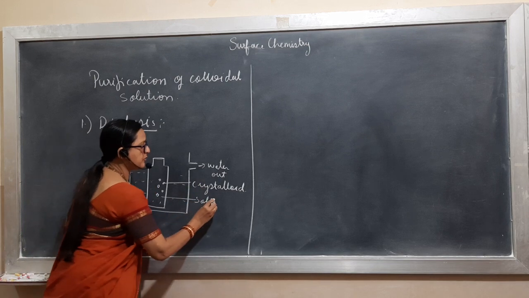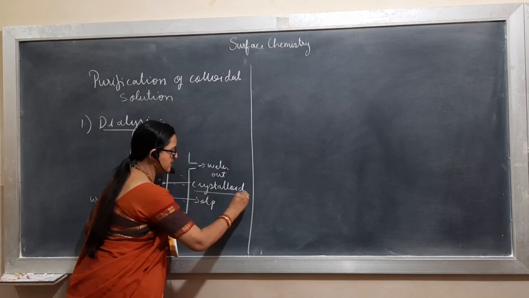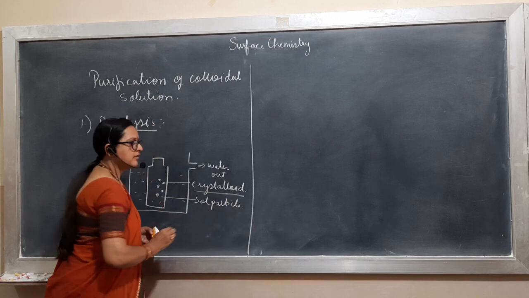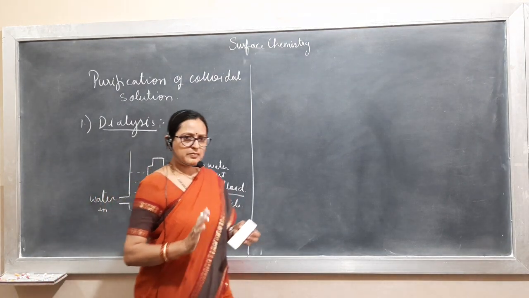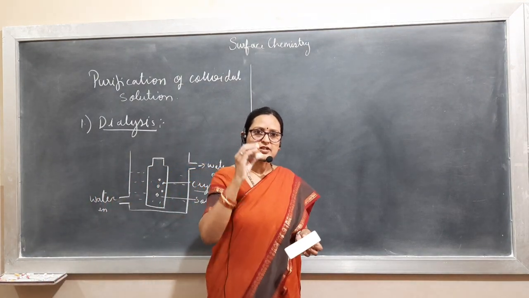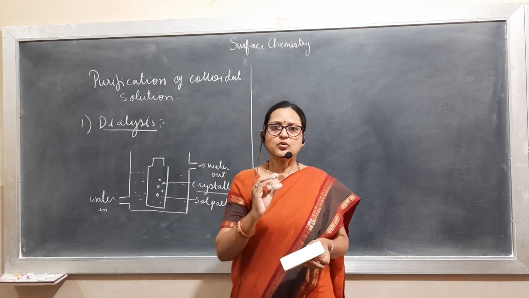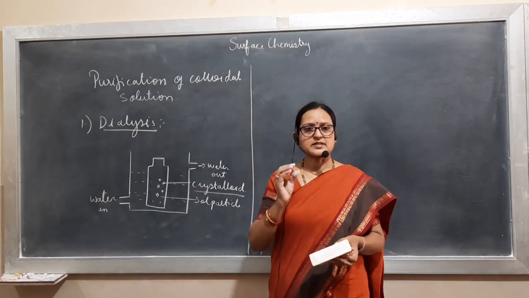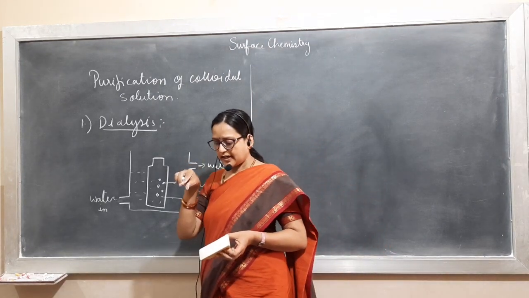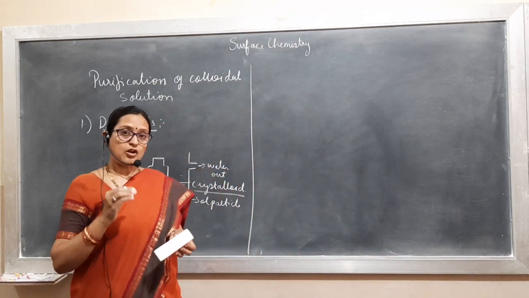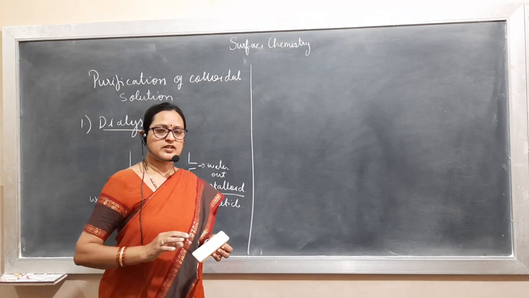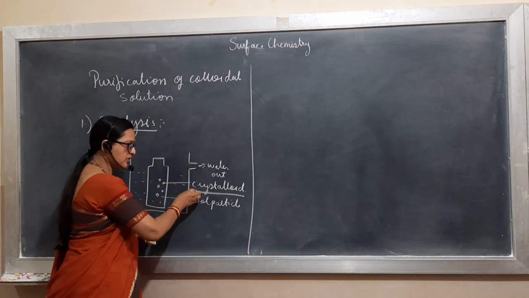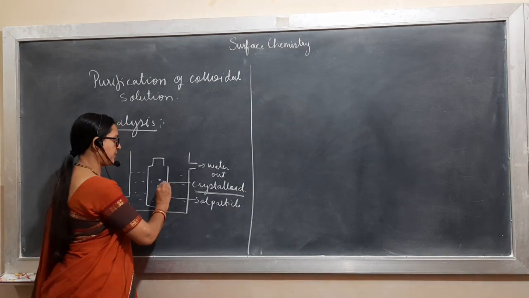We want only the sol particles and we want to remove the crystalloid. You can take an example. Parchment paper bag is there. In that a tea solution is there. Only tea decoction is there, and there are some colloidal particles. This tea is acting as a colloidal particle. Along with that, if we add salt in that, salt is a crystalloid here. We need to remove the salt from that parchment paper bag.